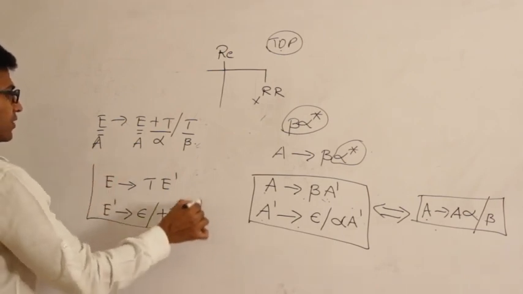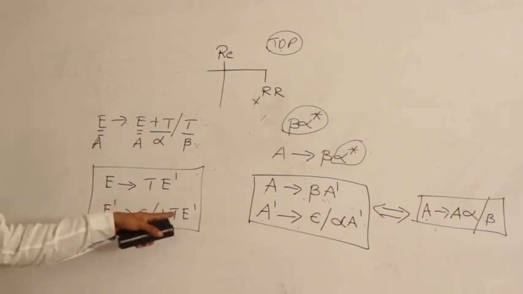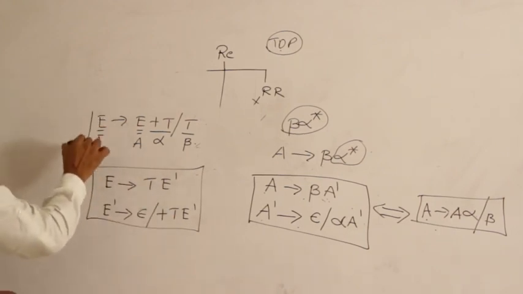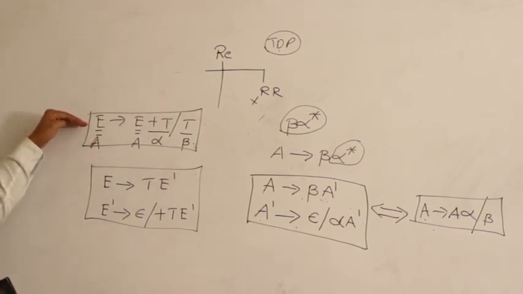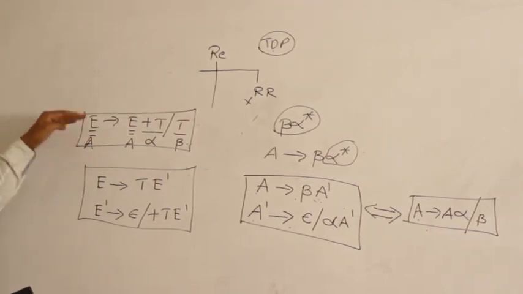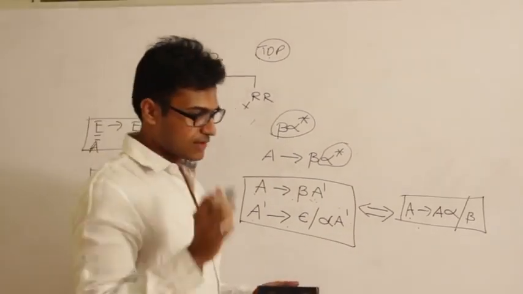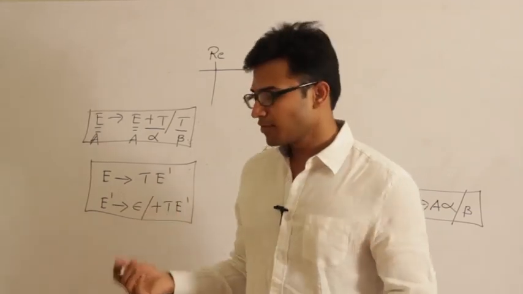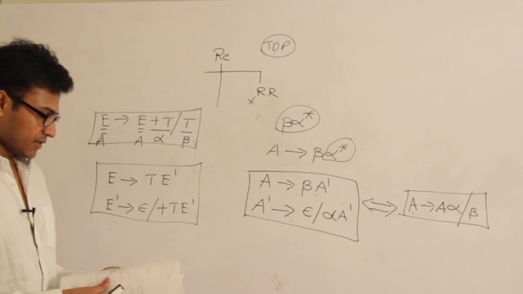So this is the equivalent grammar, which is non-left recursive, which is right recursive, and which is equivalent to the original left recursive grammar. Whatever language is generated by this, the same language will be generated by this without getting into infinite loops. Therefore, we have seen the left recursion and we eliminated it. Maybe we shall see 2-3 examples more, just for the sake of practice.